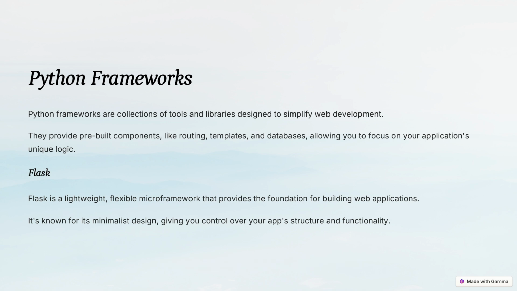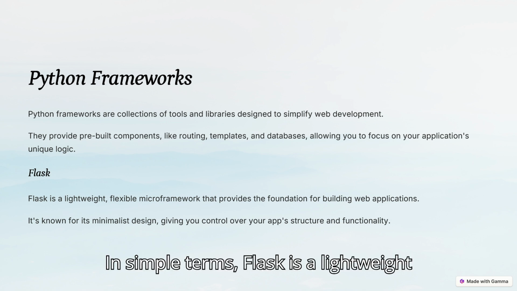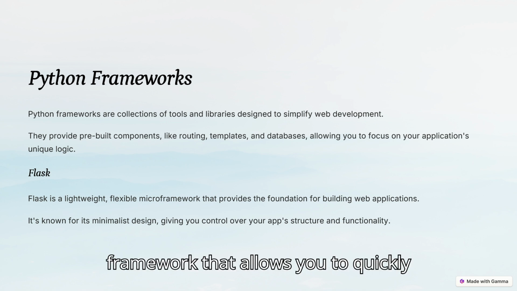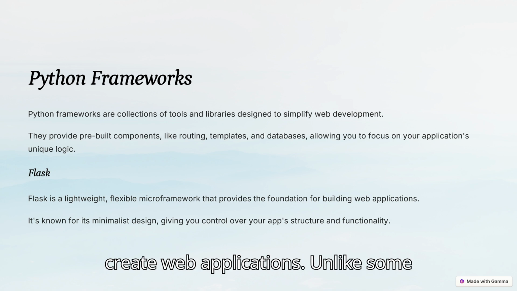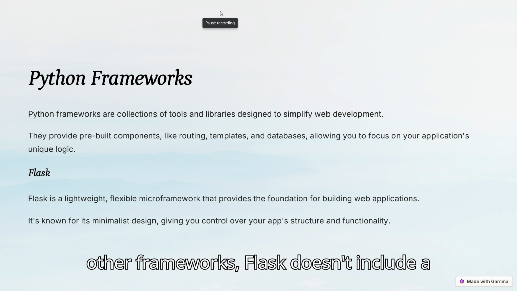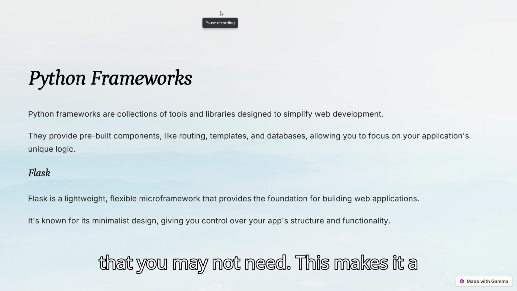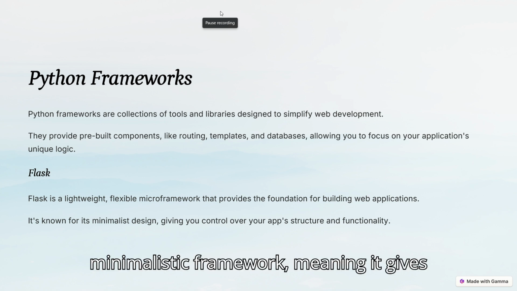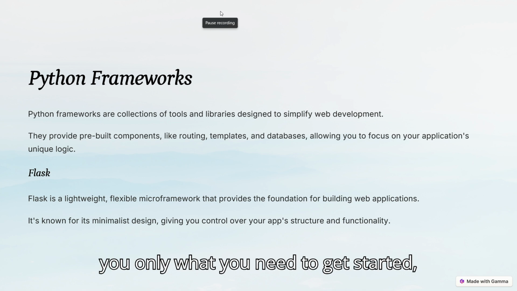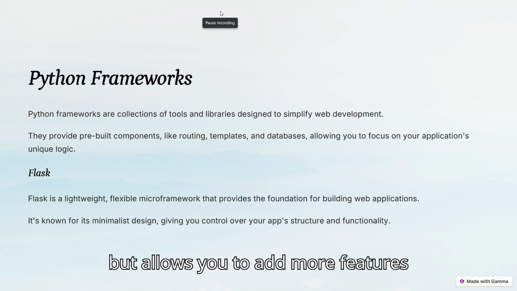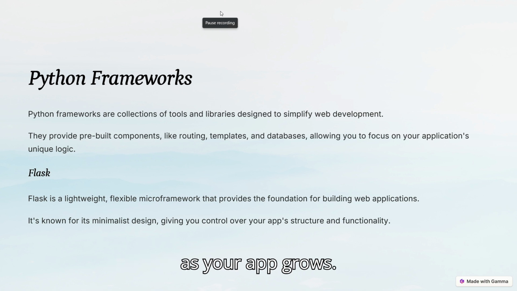What is Flask? In simple terms, Flask is a lightweight framework that allows you to quickly create web applications. Unlike some other frameworks, Flask doesn't include a lot of built-in tools or functionalities that you may not need. This makes it a minimalistic framework, meaning it gives you only what you need to get started, but allows you to add more features as your app grows.